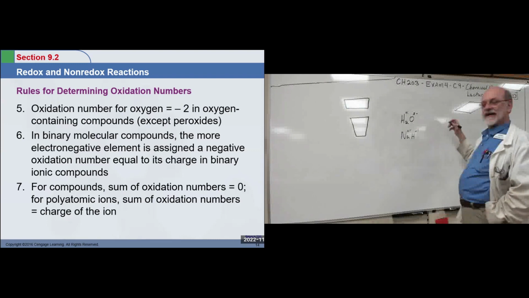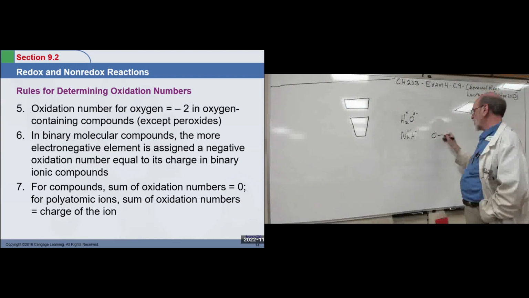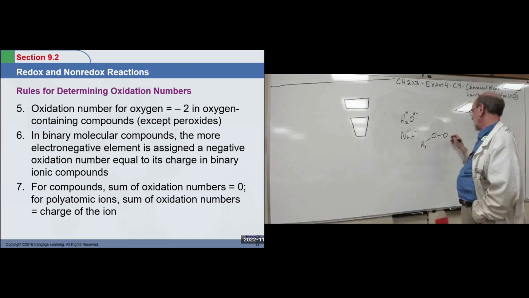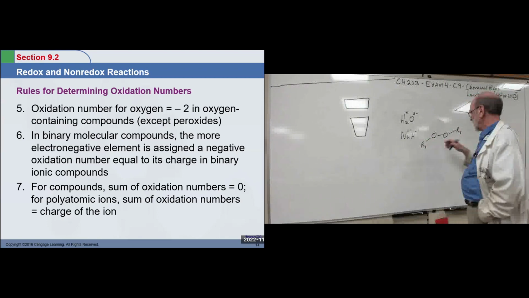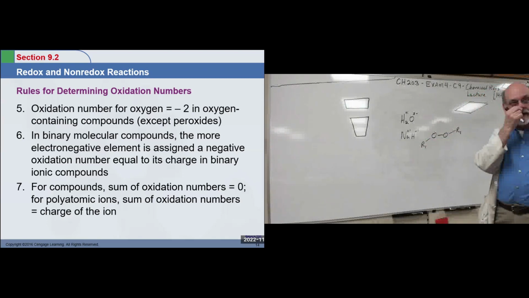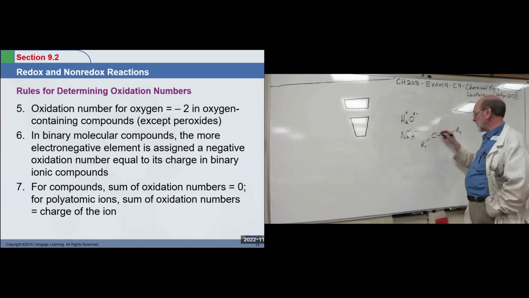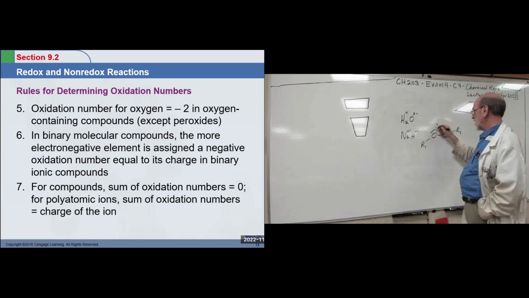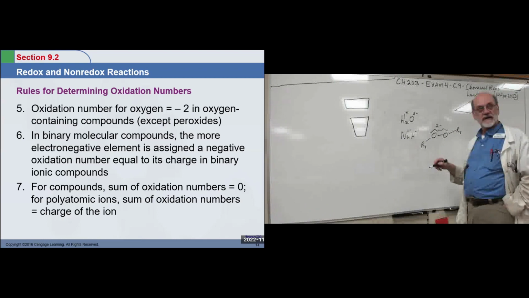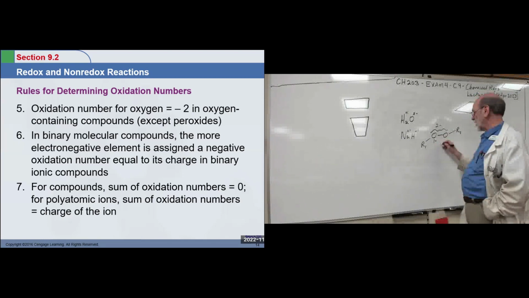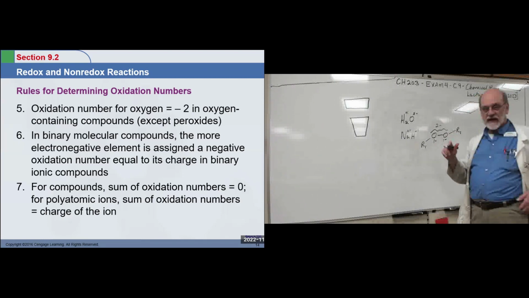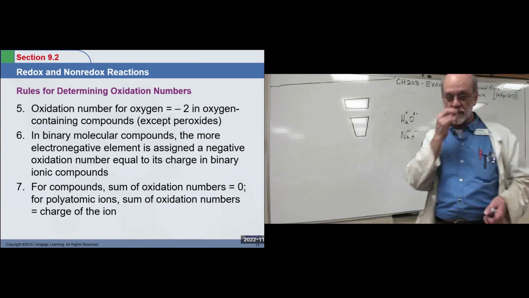So what's a peroxide? Well, it's where 2 oxygens are bound together like that. And then we have that attached to something, and this is attached to something. That's a peroxide. So both of those oxygens together have a 2- oxidation, and each one then must have a 1 minus. Okay, that's the one exception to the oxygen rule.